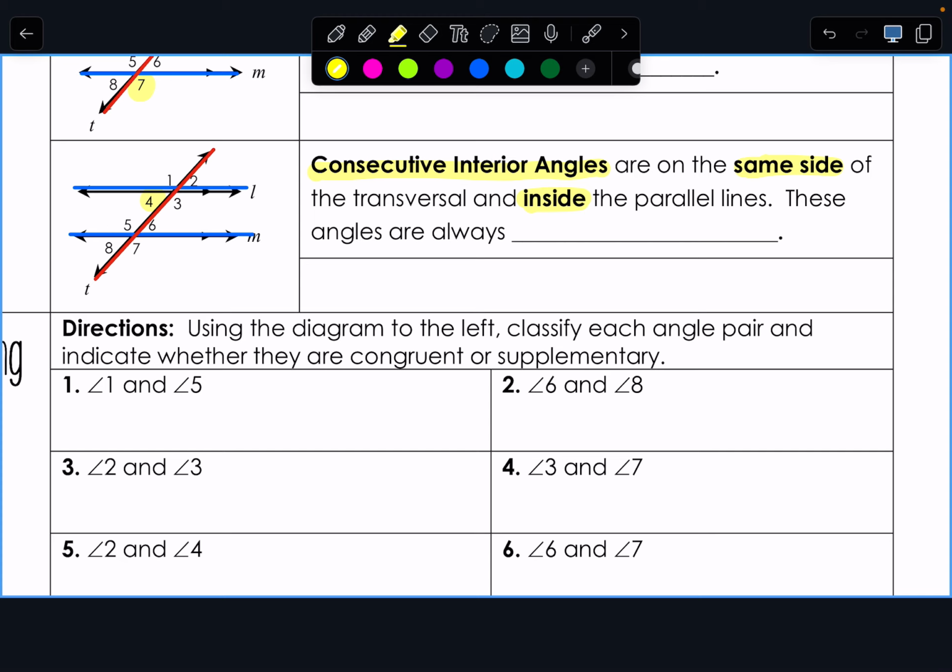So Taylor, what are we going to choose? 5. 4 and 5. Do you see how 4 and 5 are not next to each other, but they're like in a row with the transversal, that red line that I highlighted. Okay.